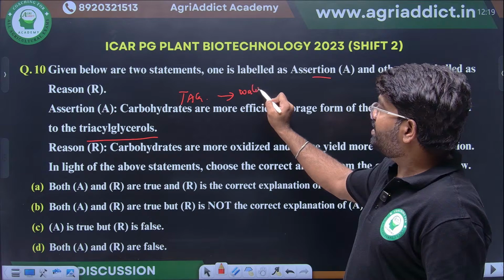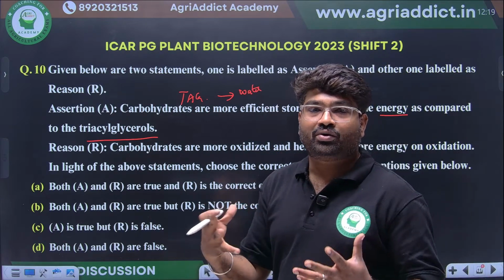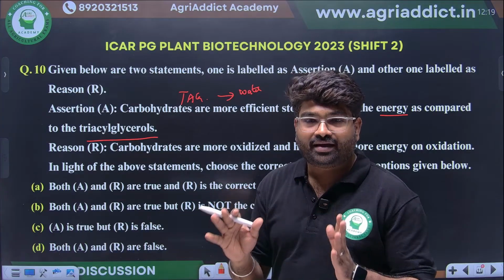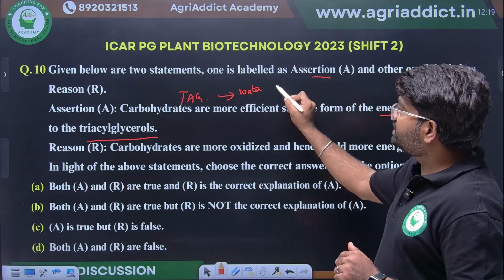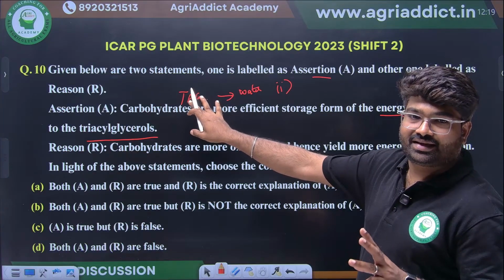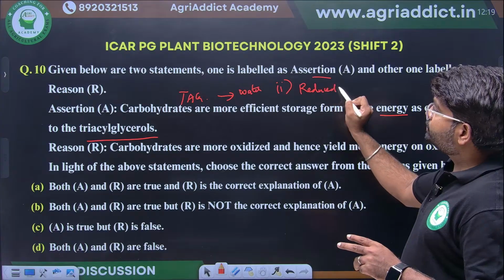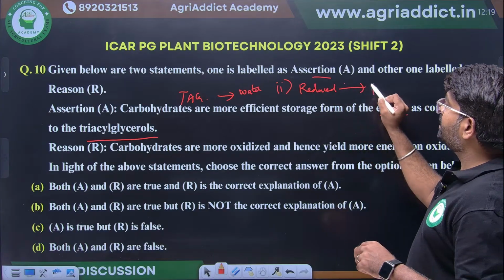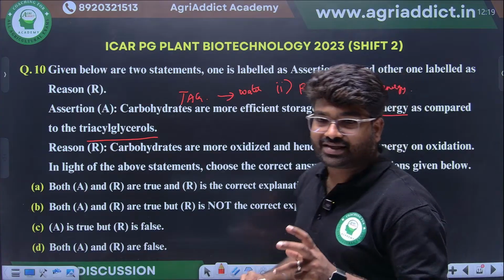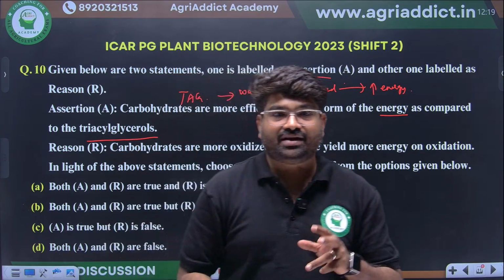This is a hydrophobic molecule, so the body doesn't need to carry an extra amount of weight for the water. There is no need to be hydrated. And the second most important thing, the carbon atoms present in fatty acids are in a more reduced form. So if we oxidize this one, more energy will be produced. That's why triacylglycerol acts as the major storage form of energy in mammals.